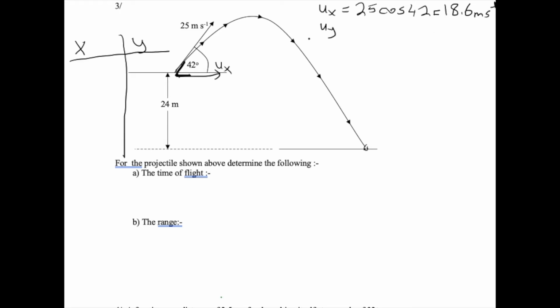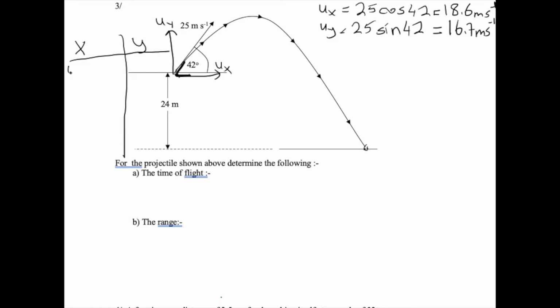And UY is that component which is opposite the angle, so 25 sine of our angle, which is 16.7 meters per second.